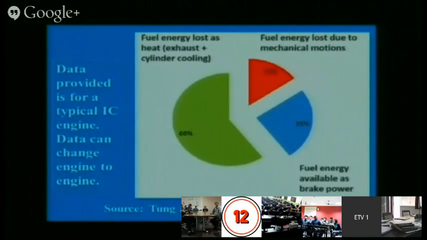Now this is not valid for all types of engines. This data is valid for one typical engine where researchers have done experiments and quantified it.